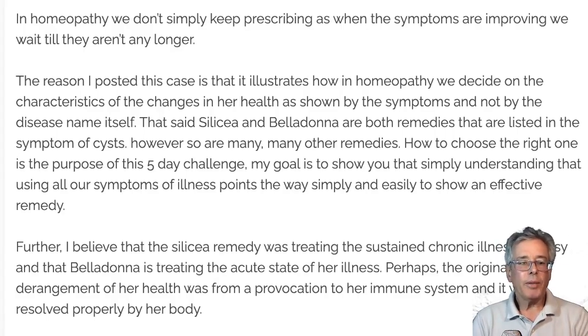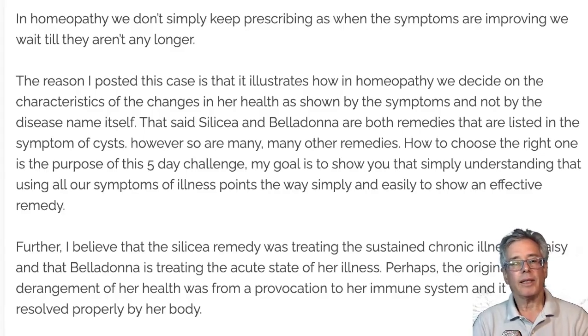So the reason I posted this case is that it illustrates how in homeopathy we decide on the characteristics of the changes to health as shown by the symptoms and not by the disease name itself. Even though belladonna and silica are both remedies that are listed in the symptom of having cysts, there are so many others, and nowadays in homeopathy there are thousands of remedies.